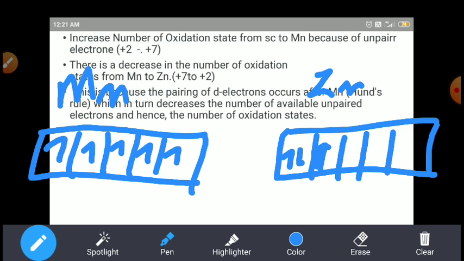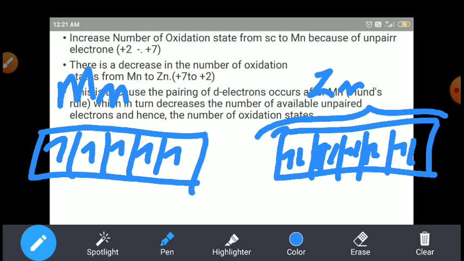In manganese, unpaired electrons are present in the d orbitals, and in zinc, pairings are present. All the d orbitals are completely filled with pairs of electrons. As the number of pairings increases, the oxidation states decrease, because paired d orbitals never participate in chemical reactions or chemical bonding.